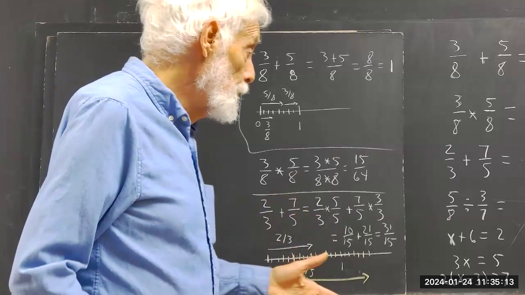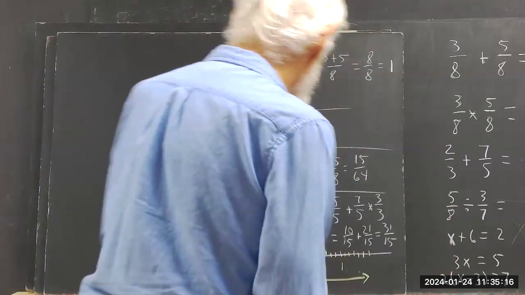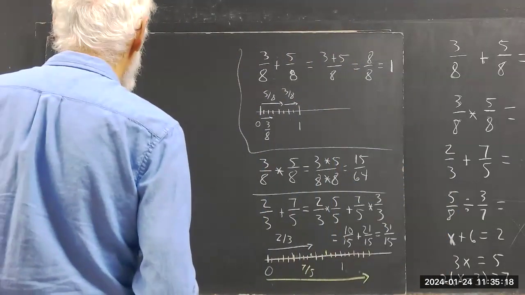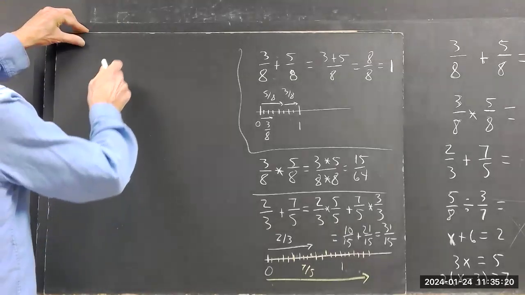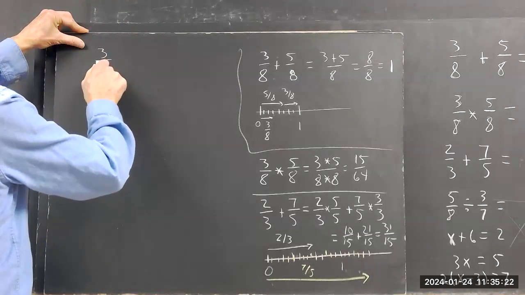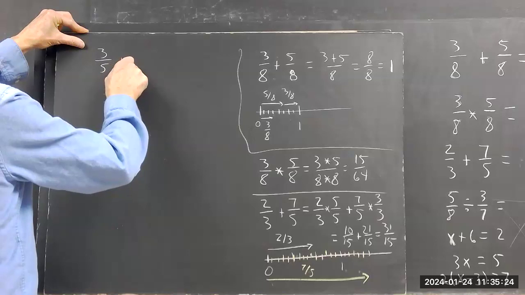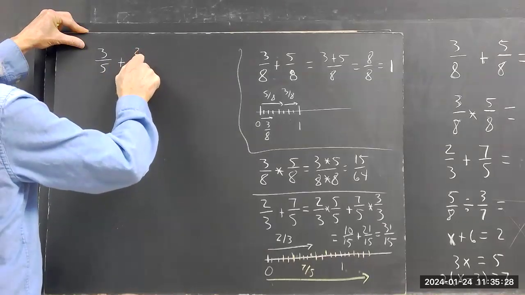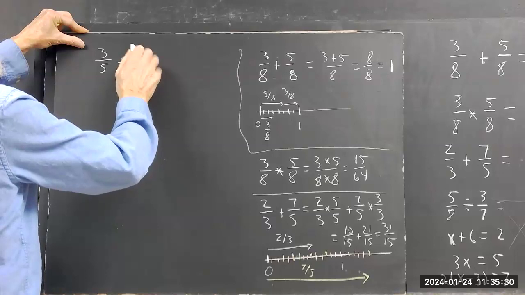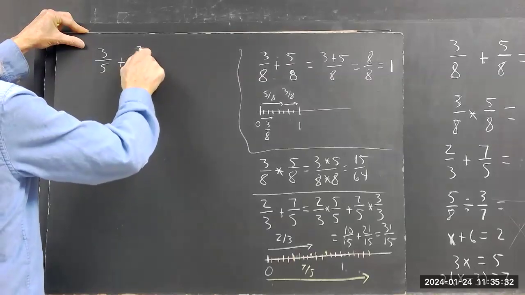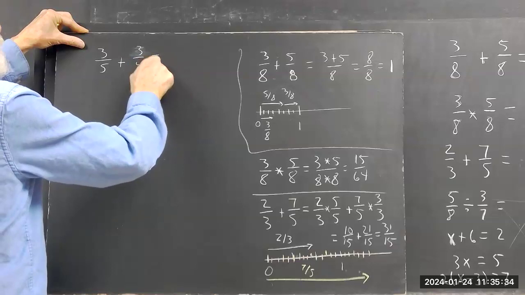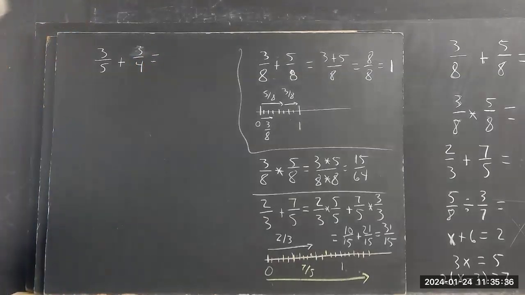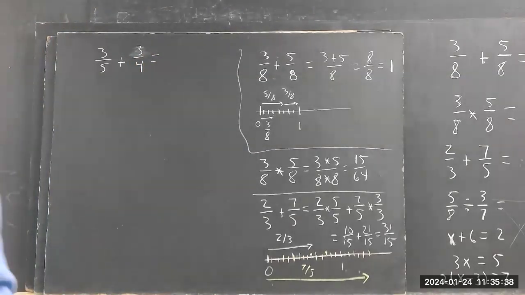Now let's do a couple more examples of this before we go on to some of these other. Let's try 3/5 plus 3/4.